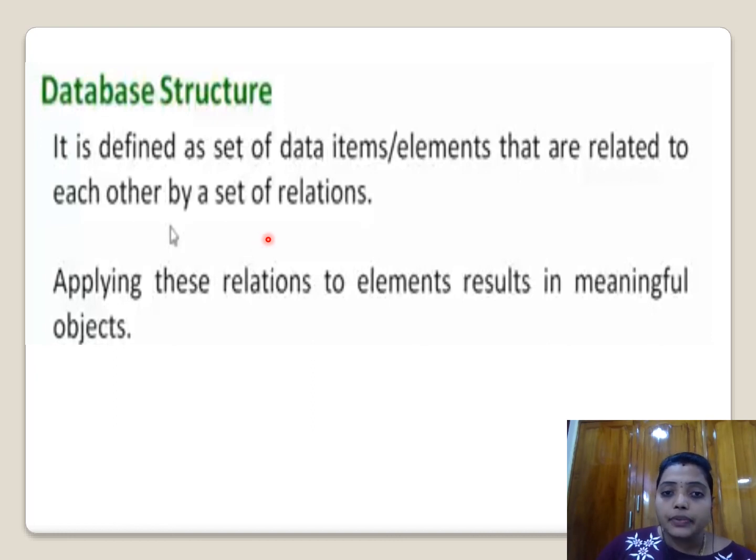Shortly, this set of data items related by the set of relations, the combination of these two, is known as the database structure. Simply it can be defined like that.